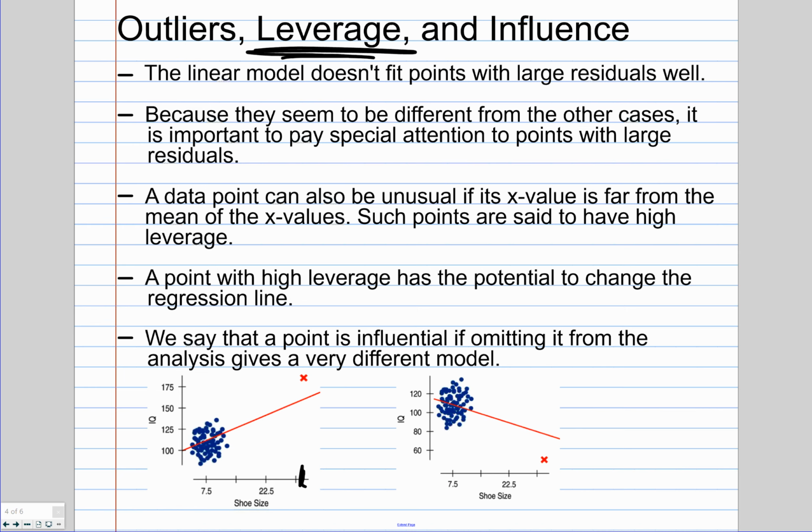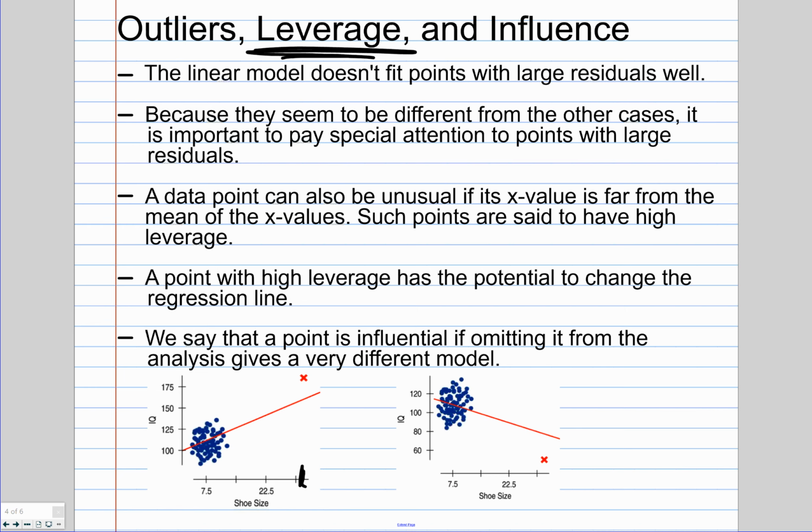Now, the question I usually get from students is, can you have points that both have leverage and are influential? What would you say about these red X's? Yes, because those X values are really far away from all the other blue dot X values. And what's it doing to the linear model? It's changing it, right? One time is positive, one time is negative.